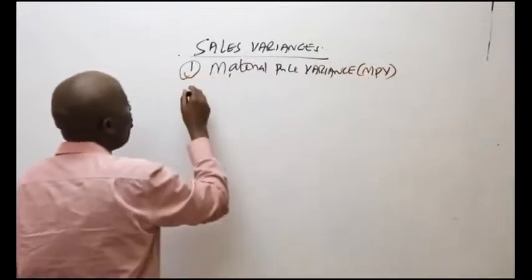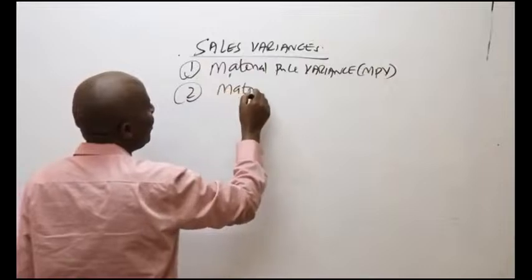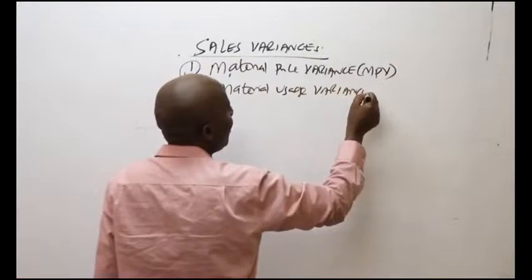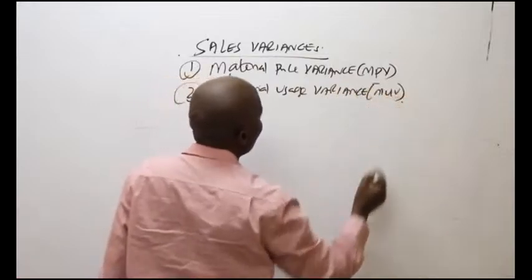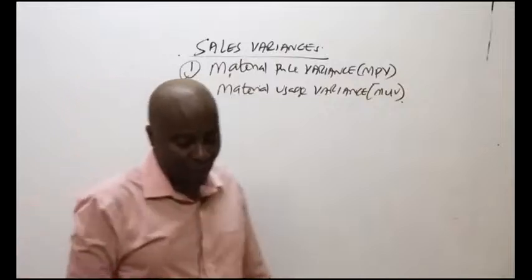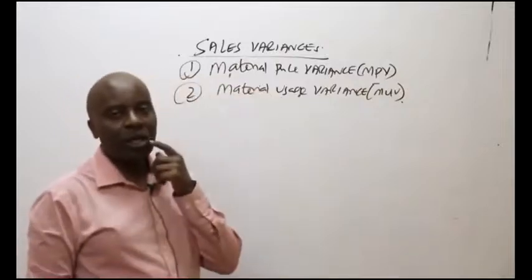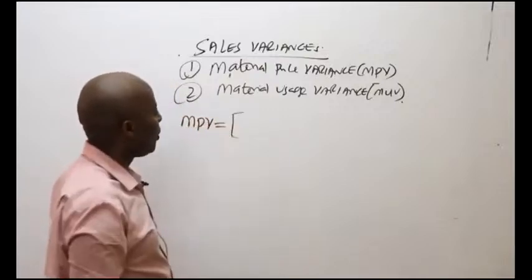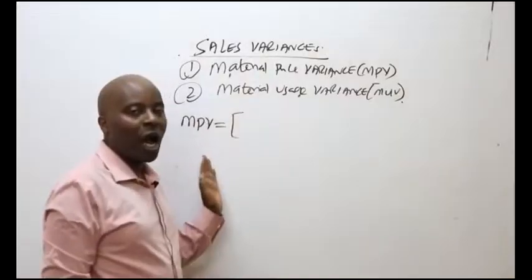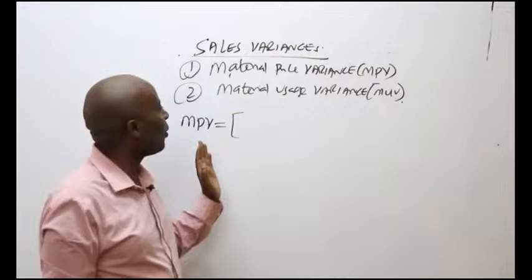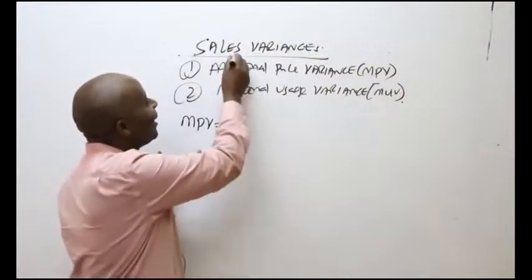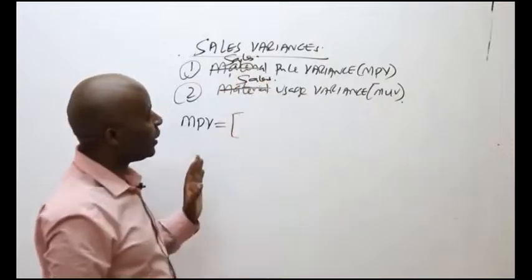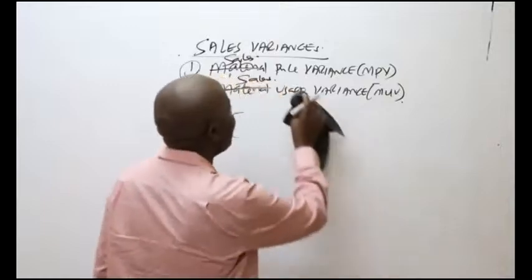And then number two, we have the material usage variance. So we start with the first one, which is the material price variance. So how do we get material price, or not material, sales? I'm going back. This is supposed to be sales. So we have in this case here, sales price variance.